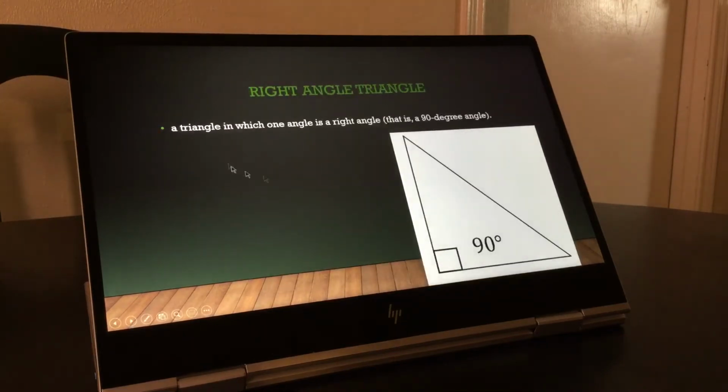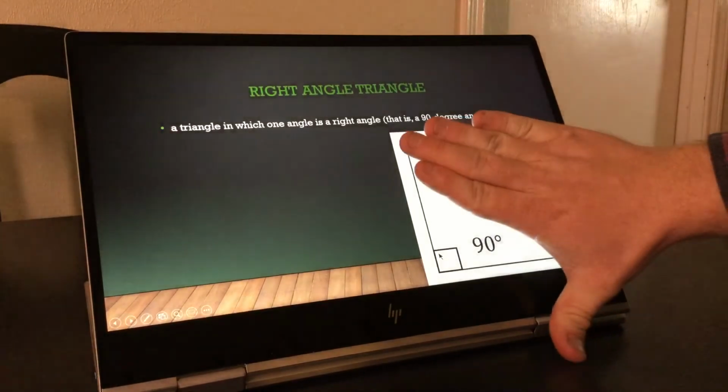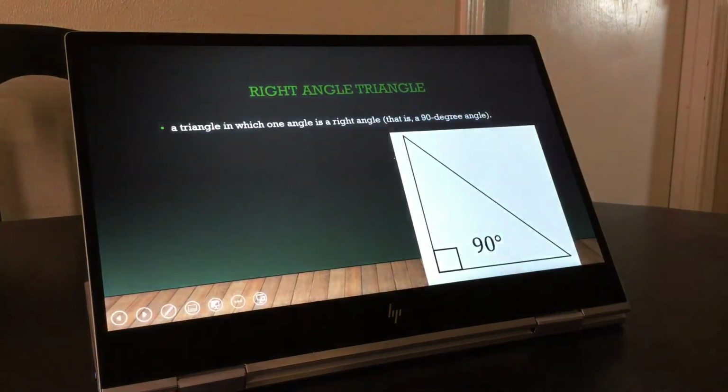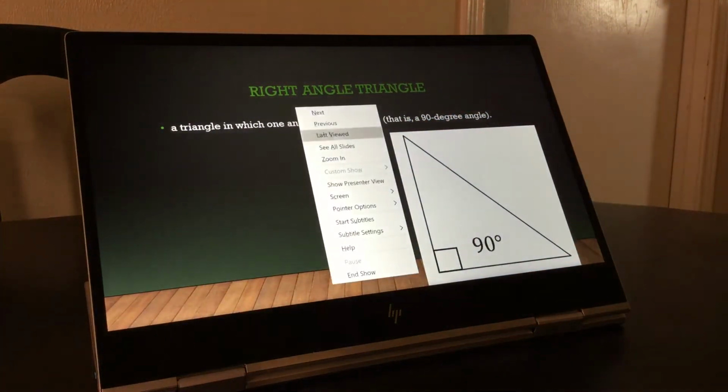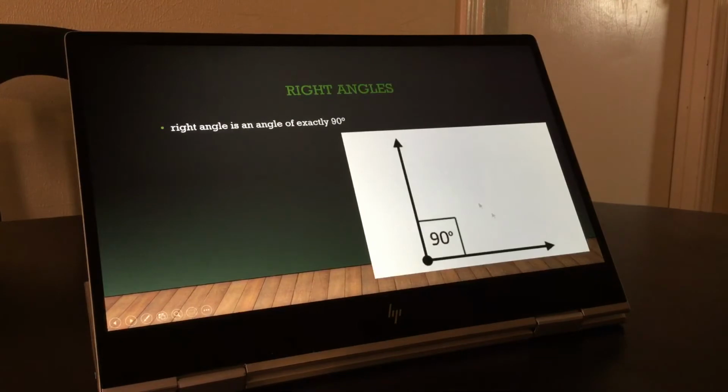Alright, next slide. A right angled triangle. So just as we learned about the right angles, right triangles have the same thing. A right triangle is a triangle in which one angle is a right angle that is exactly 90 degrees. So same exact thing. If we cut out everything else here, it looks exactly like it does right here.